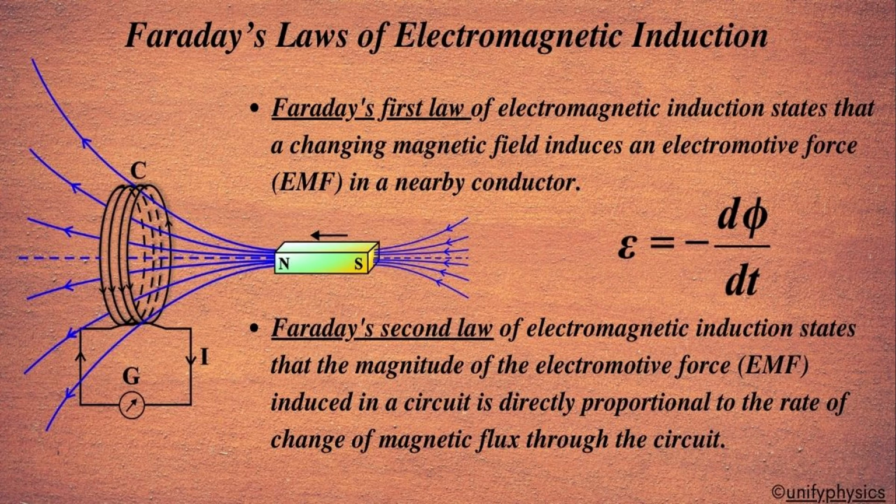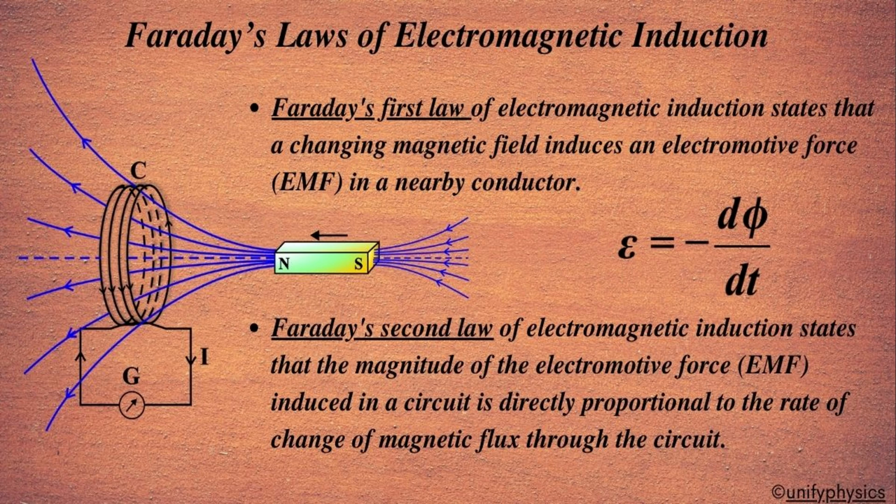Now coming to Faraday's law of electromagnetic induction, which tells about the induced EMF. That means if we change the magnetic flux related to a coil by moving a magnet away from or close to the coil, then there is a change in magnetic flux related to the coil, which is equal to the electromotive force, that means minus d phi by dt.